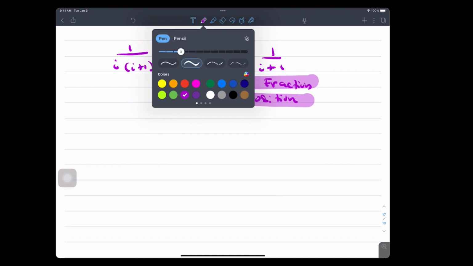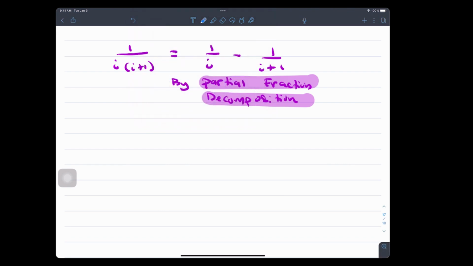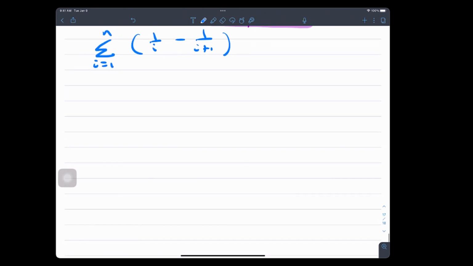So we use partial fraction decomposition. Now, let's go back to what this means. I can replace that information with what you see here. Now let's look at the terms for this sequence of partial sums.